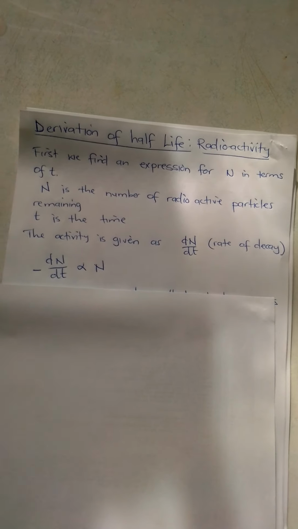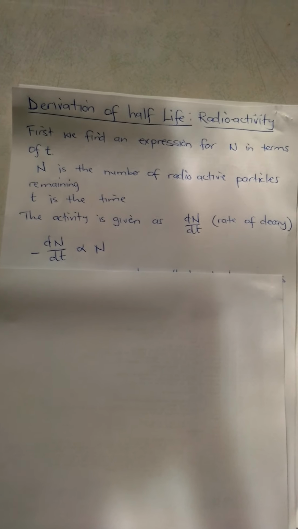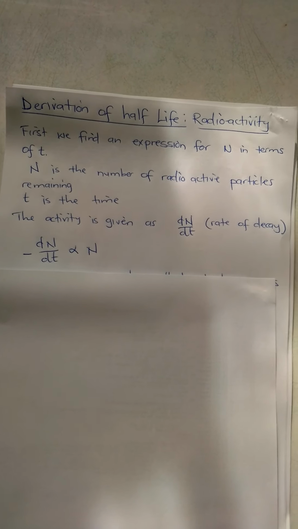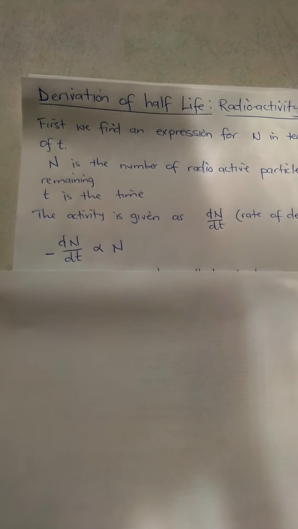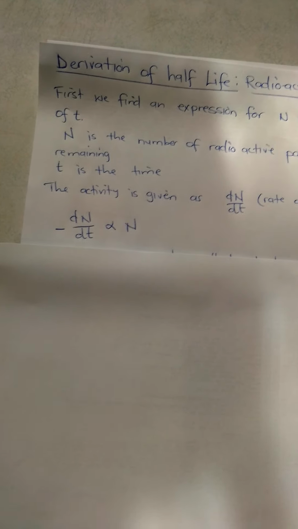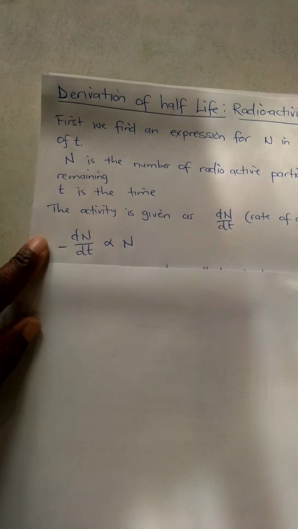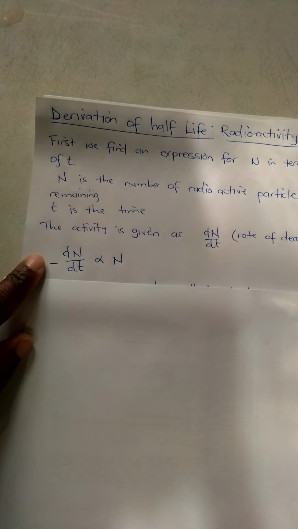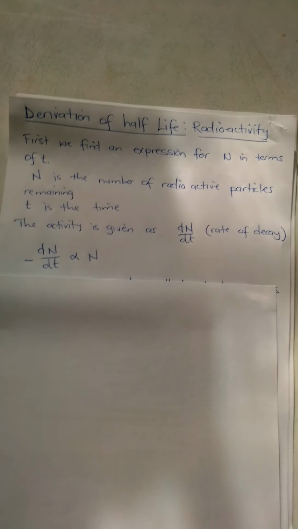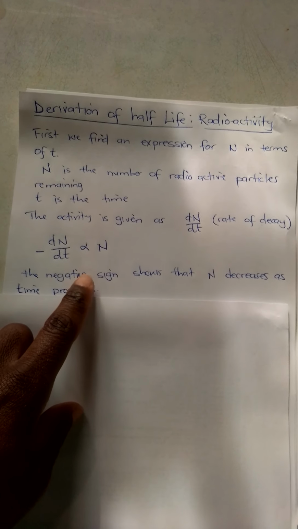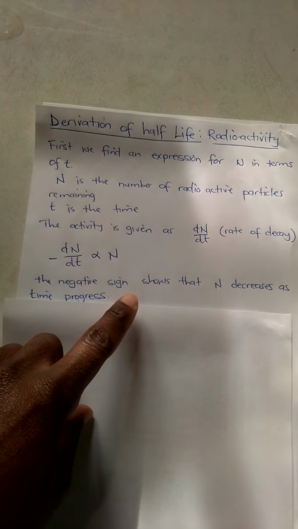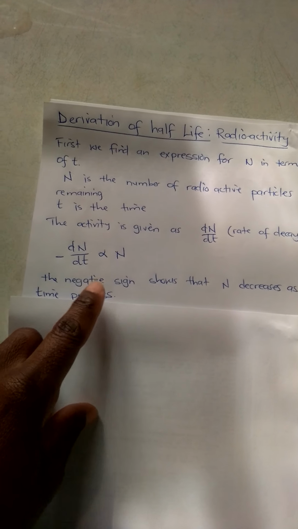You'll find that the rate of decay, dN/dt, is a function of N, and there's a negative sign there just to show that the rate decreases with time. So the negative sign shows that there is a decrease of N with respect to time.